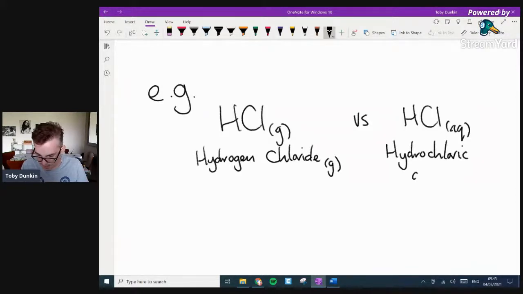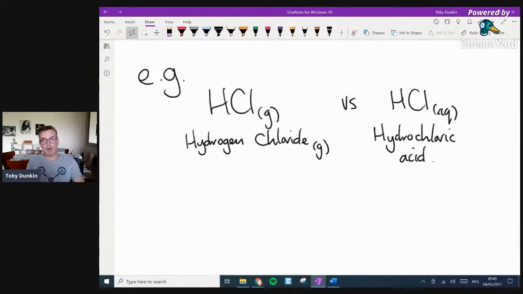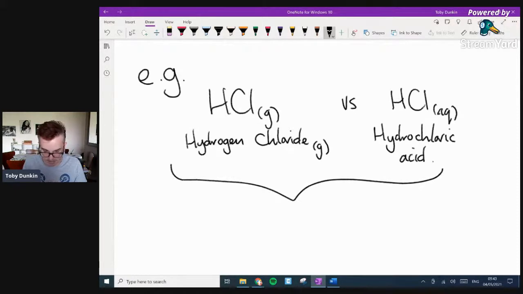I know it's a really ridiculous situation, but unfortunately, Edexcel in the iGCSE picks on this quite a lot. This particular example is Edexcel heavy, Edexcel common. They love this.